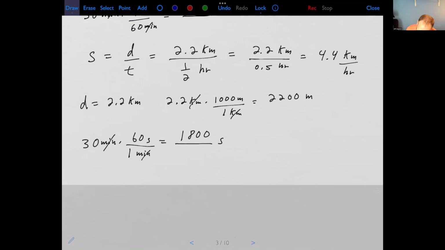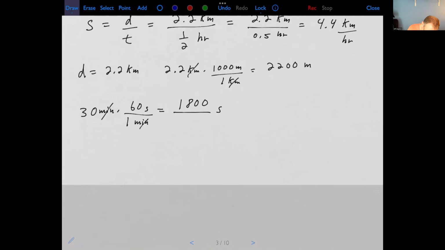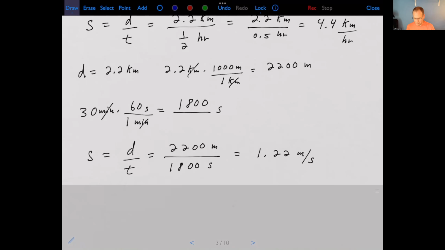Okay, so it's the same thing now. To find the average speed, I'm simply going to divide my distance by my elapsed time. But now I want my distance in meters, which I have, 2,200 meters. And I want my time in seconds, which is 1,800 seconds. And if you work that out, you're going to find it's 1.22 meters per second.